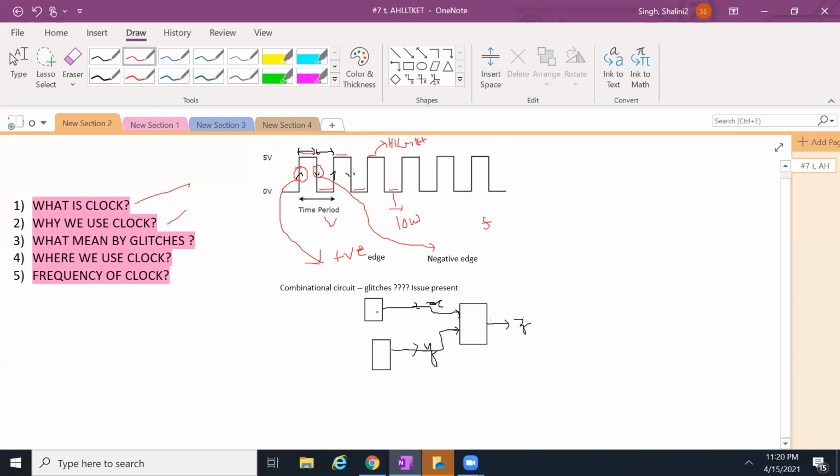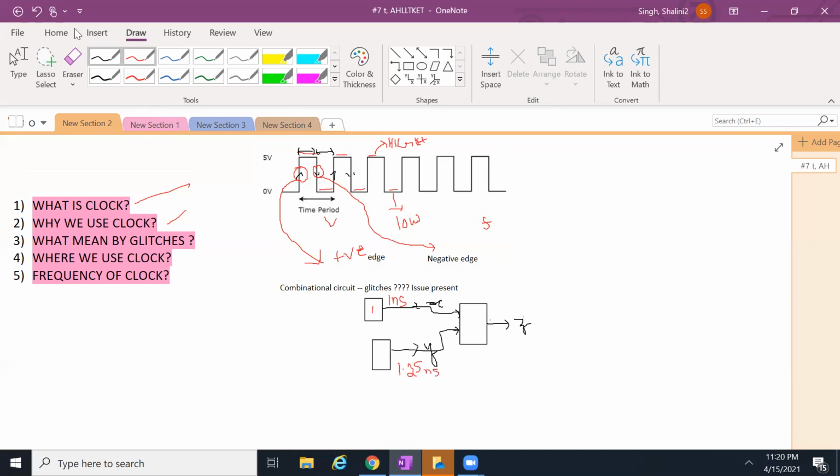Suppose for the first combinational circuit the delay is 1 nanosecond, and for the second combinational circuit the delay is 1.25 nanosecond.